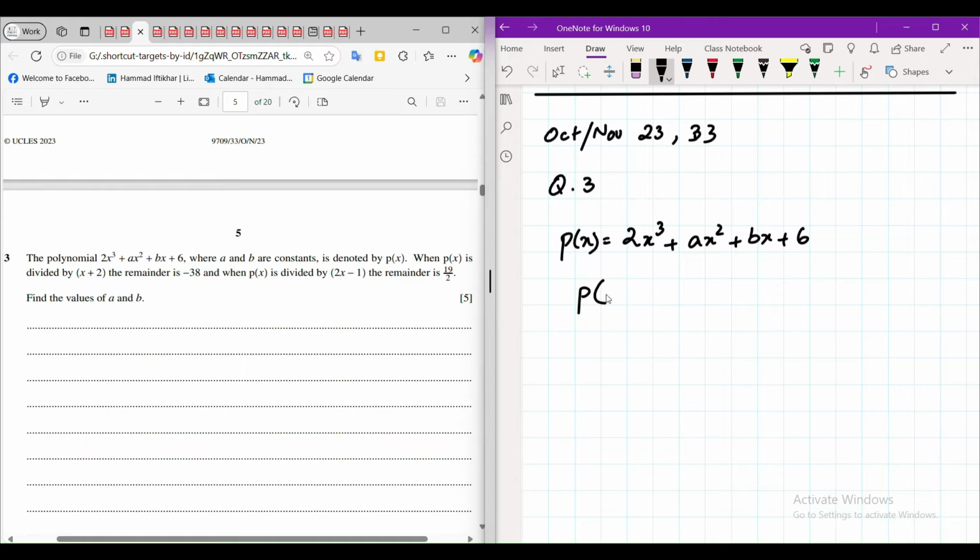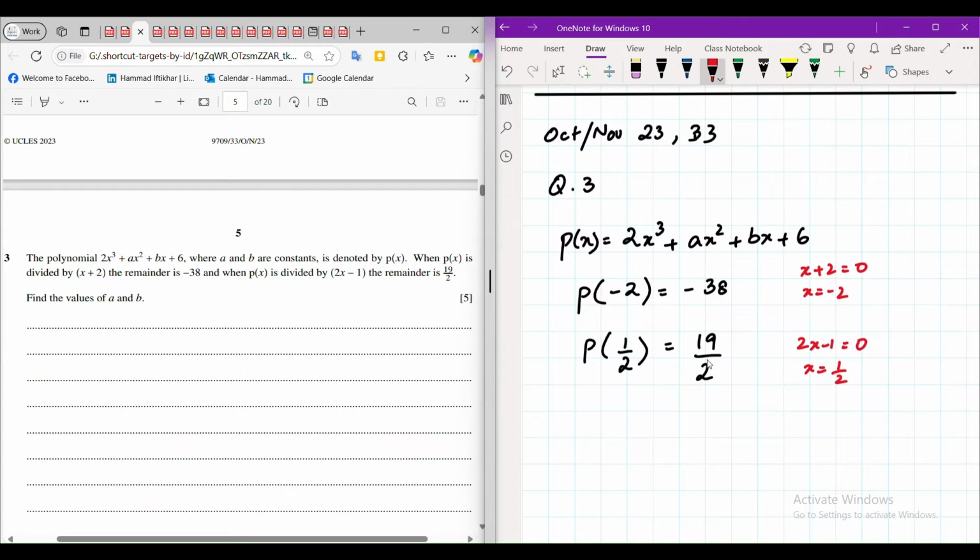So that means when we plug in minus 2, we get negative 38. And when p of x is divided by 2x minus 1, the remainder is 19 over 2. So just to be clear how the values of x are coming: x plus 2 equal to 0 gives x as minus 2, and 2x minus 1 equal to 0 gives x as 1 over 2. That's how we're getting these particular values.